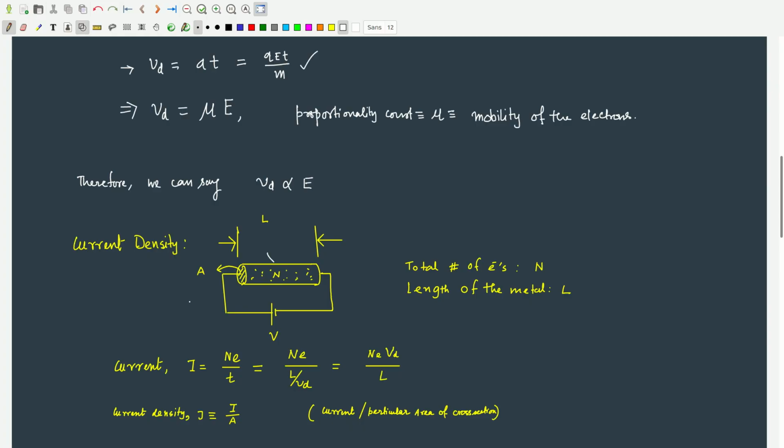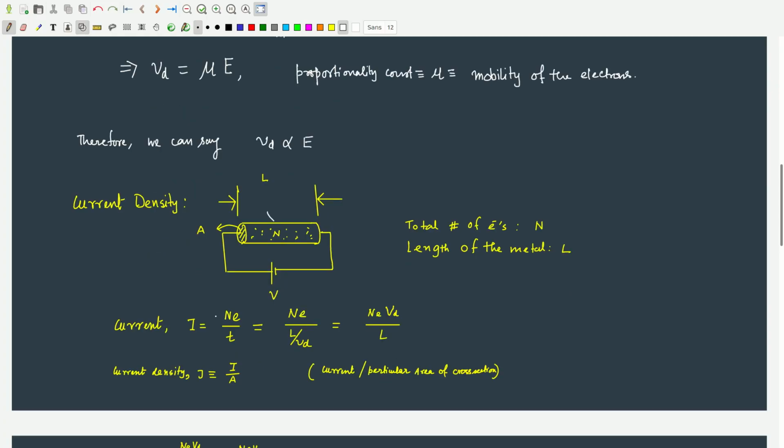And now we turn to what is the current density in this system. Suppose we are considering a metal bar connected to some battery. Due to this battery voltage V, the electric field is established here. The length of the bar is L, and the total number of electrons within that is capital N. And whenever you apply an electric field, apart from the random motion, there will be a superimposed drift, and the current is basically N into e.